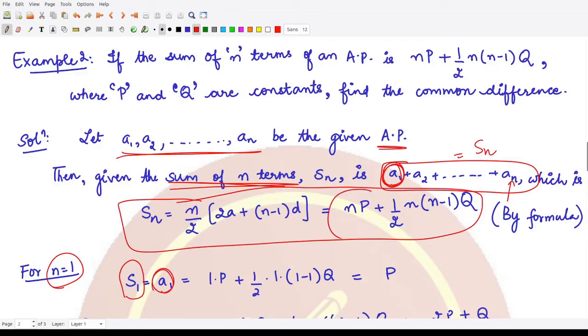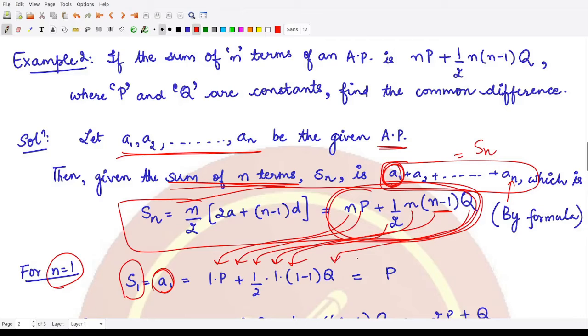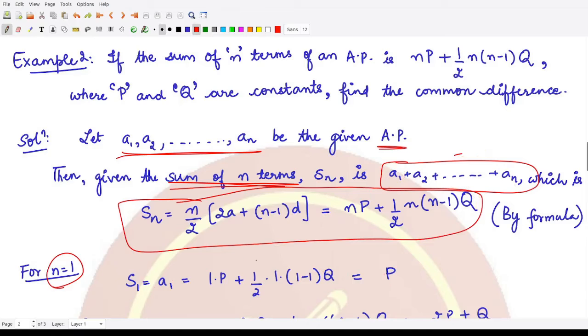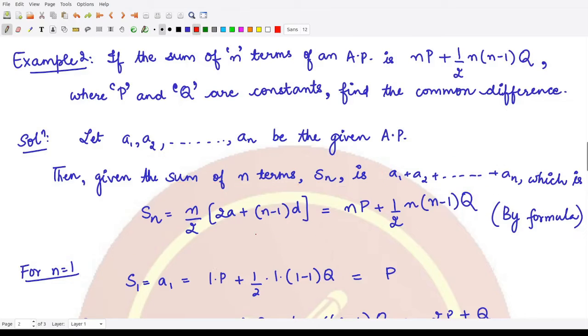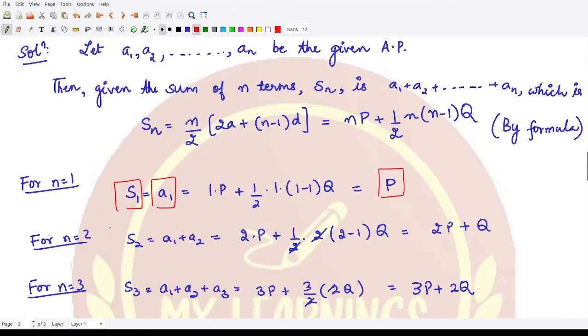And according to this formula, we can put the value of n as 1, so that we would have 1 times p plus half multiplied by 1 minus 1 multiplied by q. And 1 minus 1 is 0, so this term is 0, so we are just having p as the answer, correct? So this is the sum of the first term. The sum of the first term basically means we are just having the first term, so this gives us our first term a1, correct?